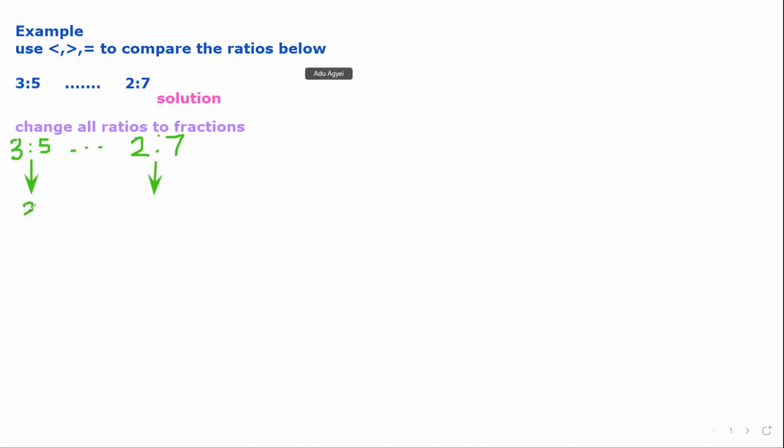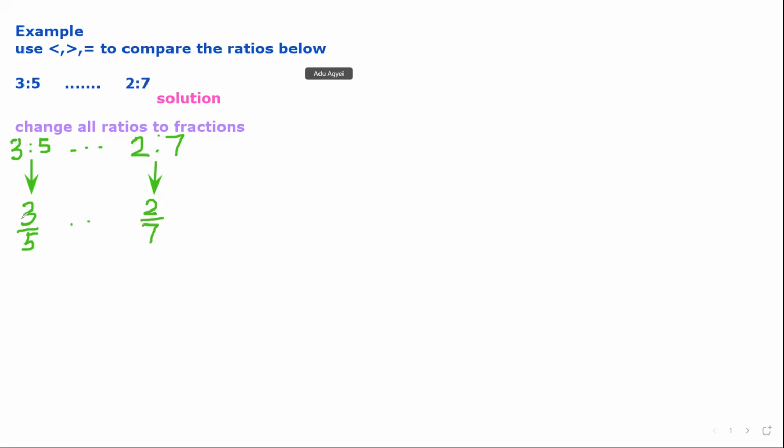That is 3 over 5. And then against 2 to 7, when you change to a fraction, it will be 2 over 7. Okay. Good.